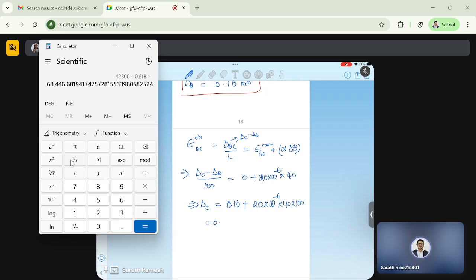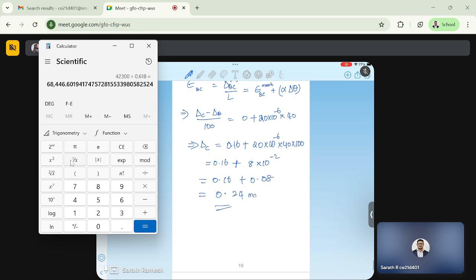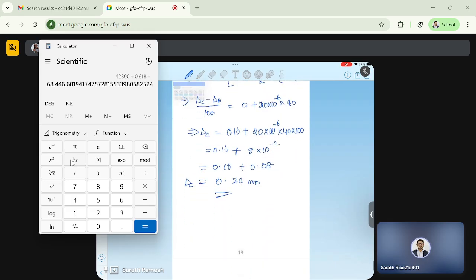So 0.16 plus 8 into 10 power minus 2, which is 0.08, will give us 0.24 mm. This is delta C. Right. Next question.